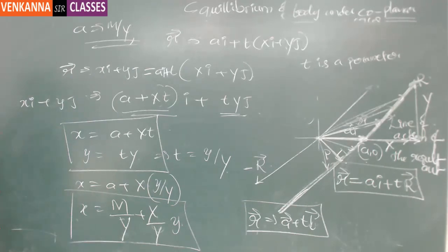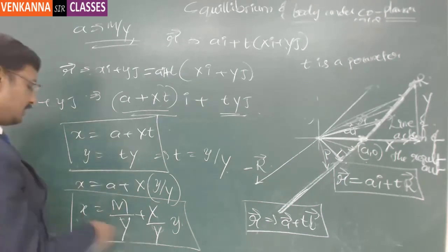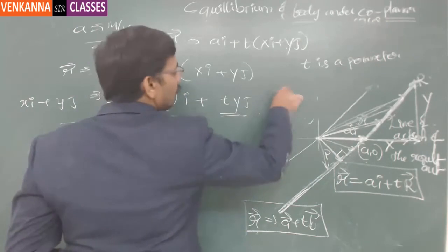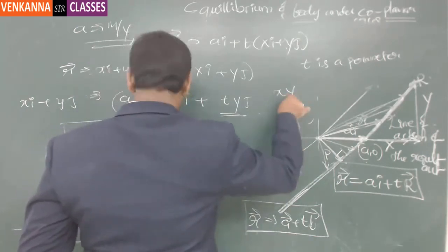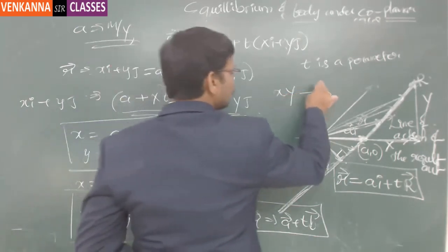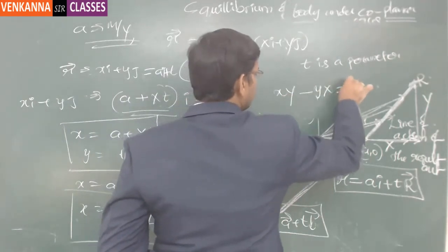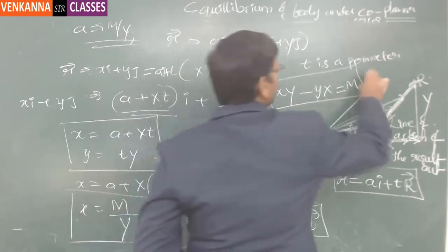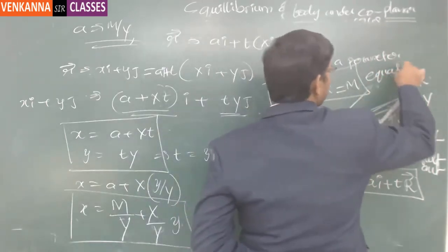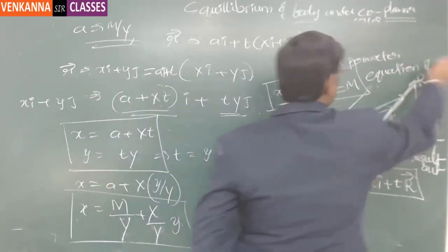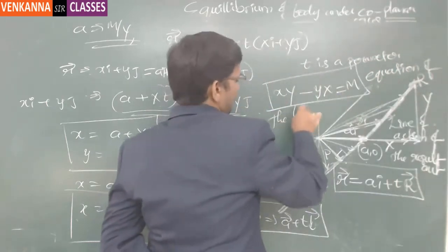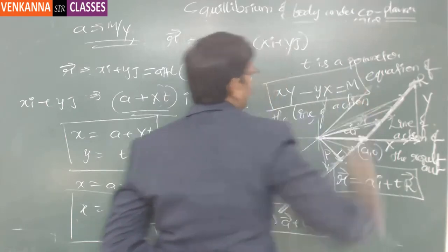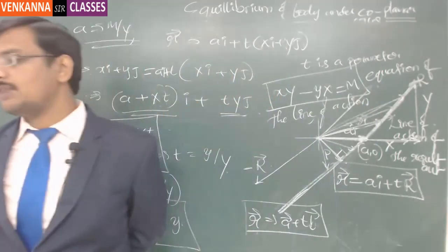Done? This one you can further simplify also. Small x into capital Y minus small y into capital X is equal to m. This is the equation of the line of action of the forces.